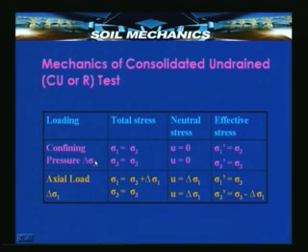Since we are actually applying a finite value of lateral pressure sigma 3, this so called applied increment in loading can be considered to be nothing but sigma 3. The total stresses will obviously be the applied stresses, and therefore sigma 1 equal to sigma 3 equal to sigma 3. And since consolidation is permitted, u is 0, effective stresses will be the applied stresses. This part of loading and the corresponding stresses are identical to the earlier test. When the axial load is now applied, then comes the difference.